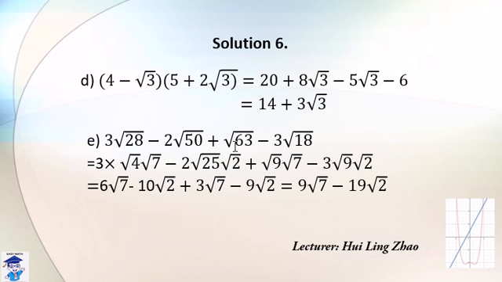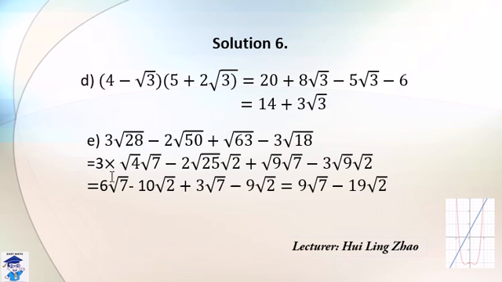And 63 equals 7 times 9, so let's separate this term into the square root of 9 times the square root of 7. The last term is 18, which equals 9 times 2, so the last term is 3 times the square root of 9 times the square root of 2.